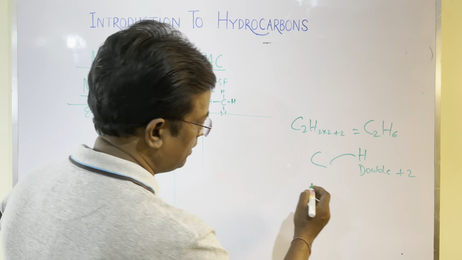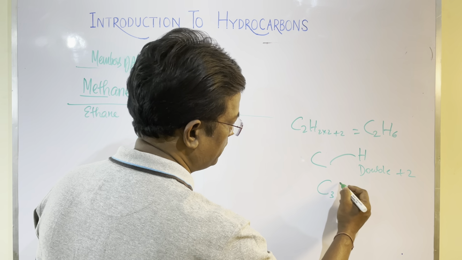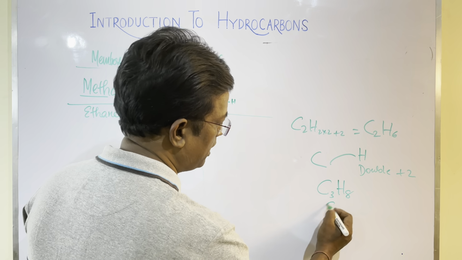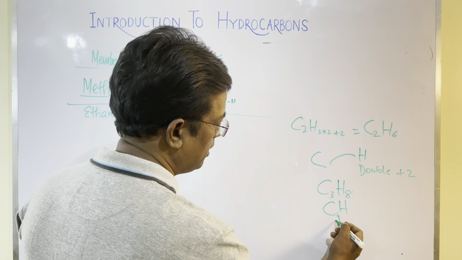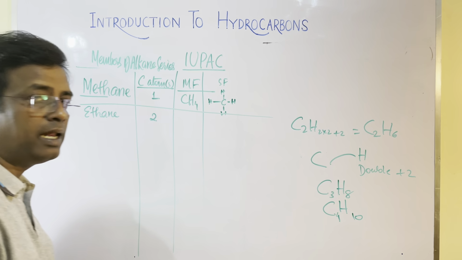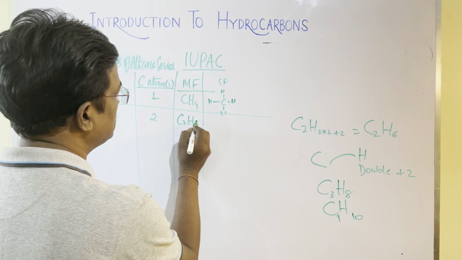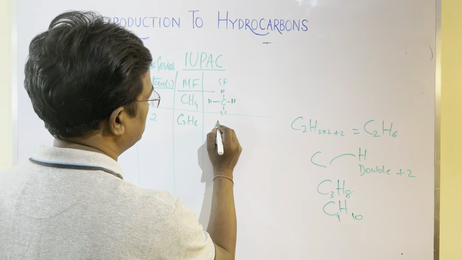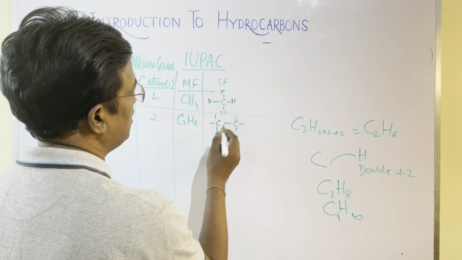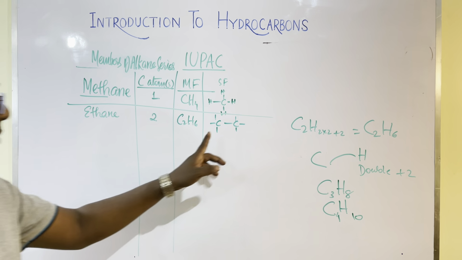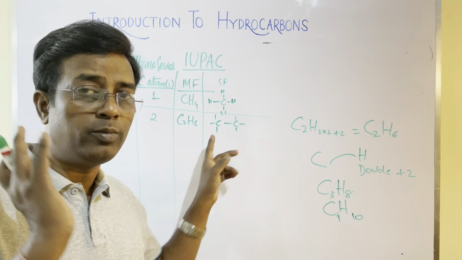If carbon is 3, double of 3 is 6 plus 2, 8. If carbon is 4, then hydrogen is double of 4 plus 2, that is 8 plus 2, 10. Just double and add 2. So for ethane the molecular formula is C2H6 and the structural formula is C-C. All these spaces are occupied by single bonds. Each carbon atom contains 4 bonds.